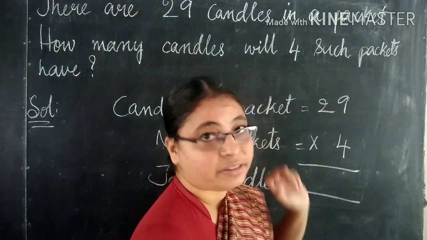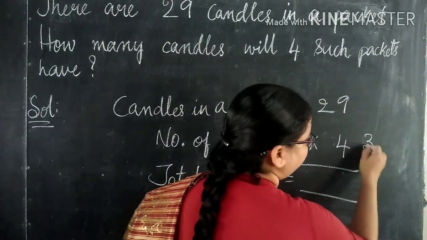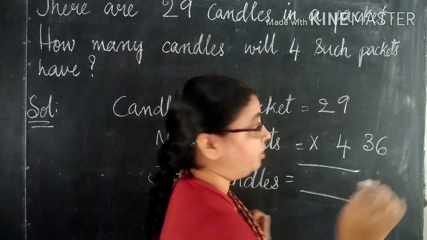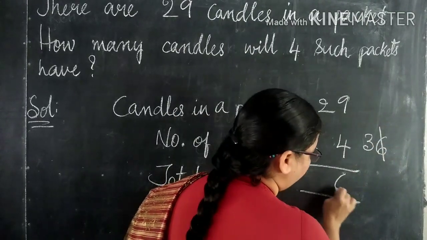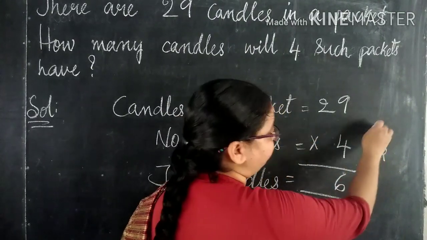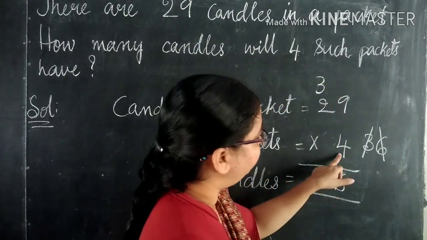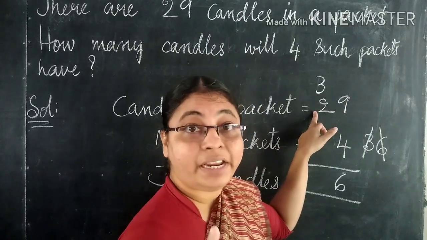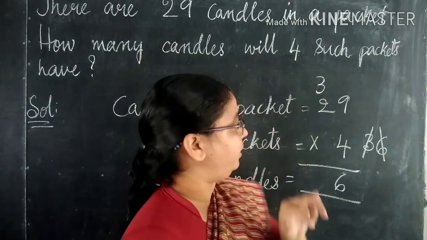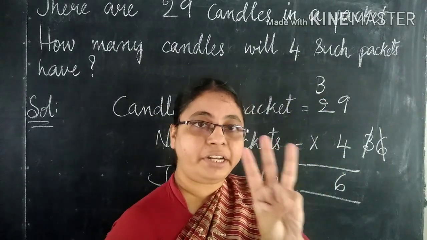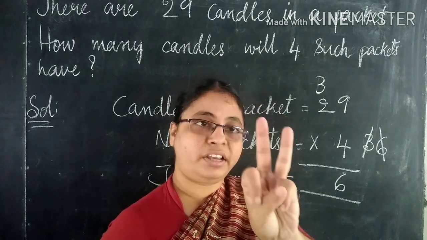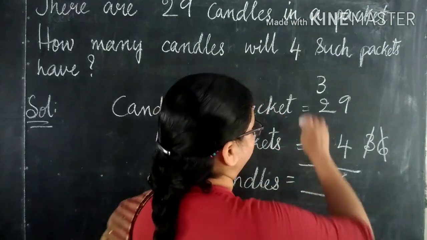4 9s are 36. As we know, the 1's place digit will be brought down and the 10's place digit will be carried to the next place. Finish. 4 2s are 8. Here 3 is there. 8 plus 3, 8 after 9, 10, 11. Okay.